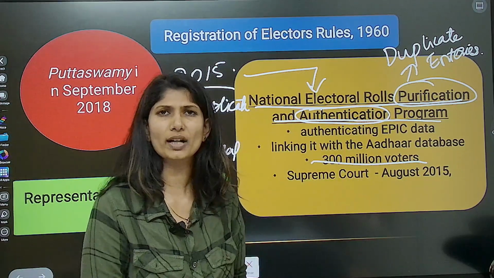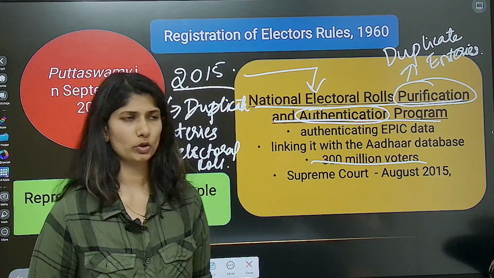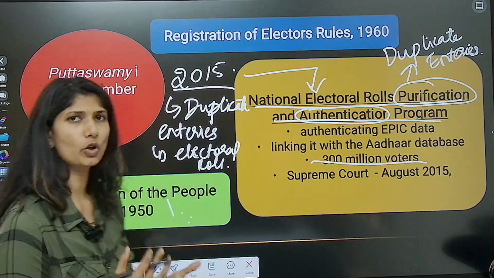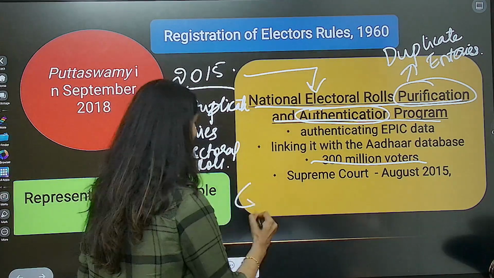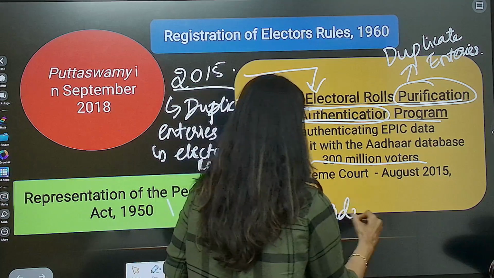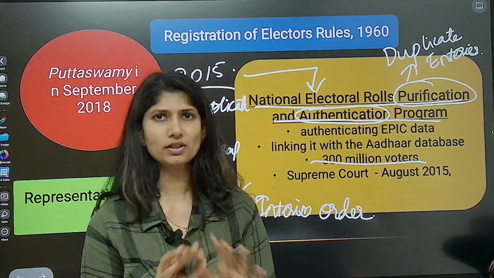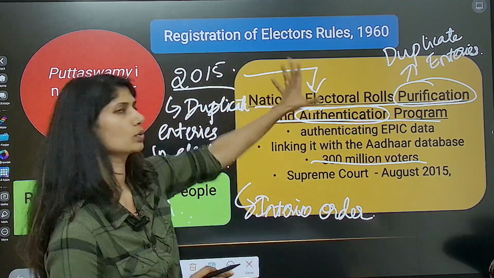3 million voters were added into the system when people went questioning with the Supreme Court. At that point of time, the Supreme Court stayed it, or passed an interim order. In the 2015 period of time, and post this it was stayed, stopped. You cannot do this anymore.